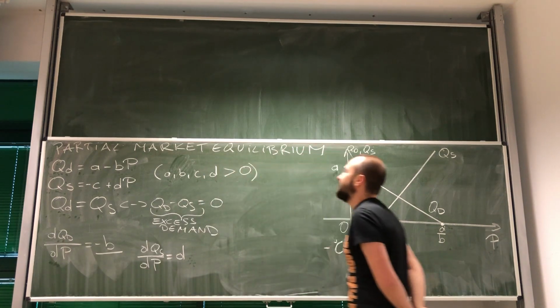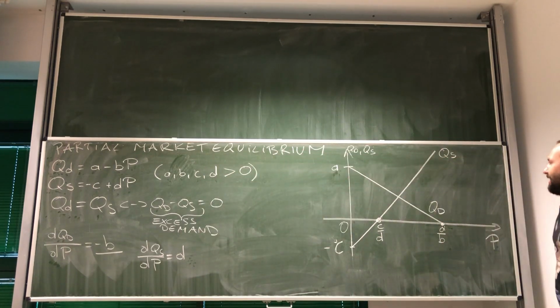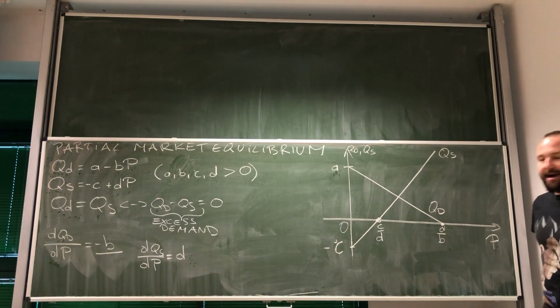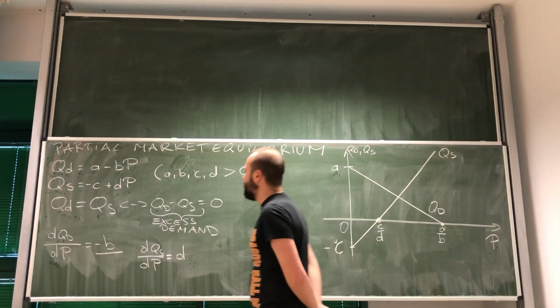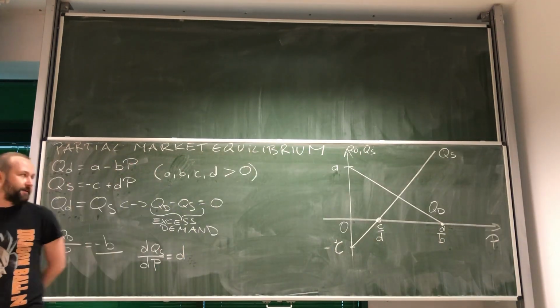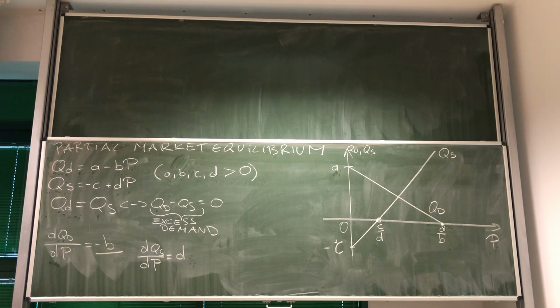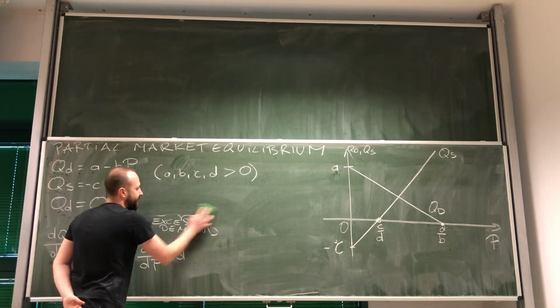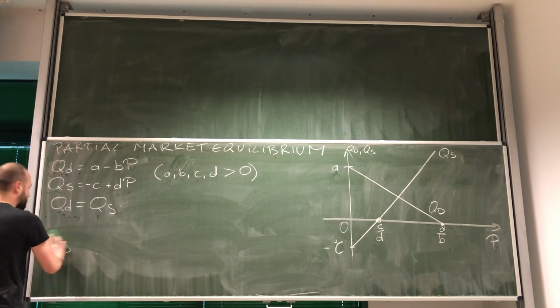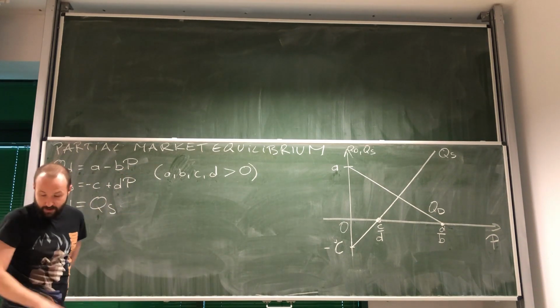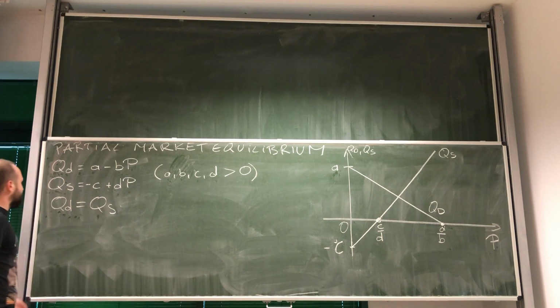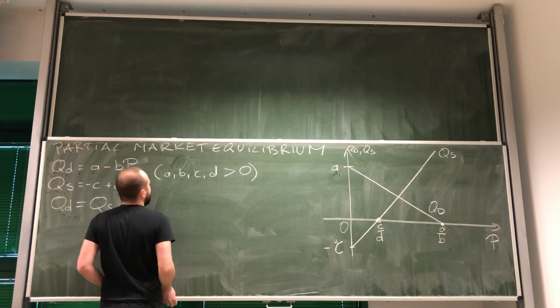And this is the next step in our analysis. What we want to do now is to find what is the quantity demanded and what is the quantity supplied, but in equilibrium. So equilibrium price and equilibrium quantity.